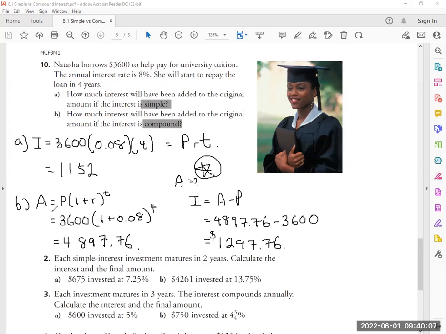For compound interest, you get the final amount right away. So if you wanted the interest, you have to do an extra calculation. Okay. Any questions about the differences between simple and compound?